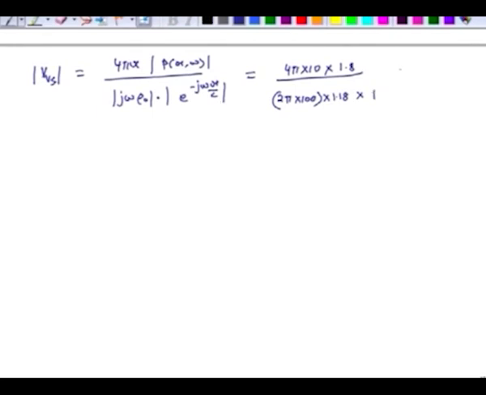This value came out to be 0.305 cubic meters per second. So, this is the amount of air which the spherical source pushes out each second.